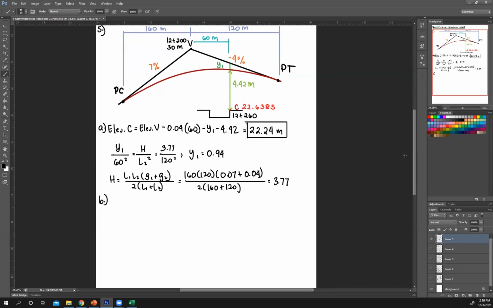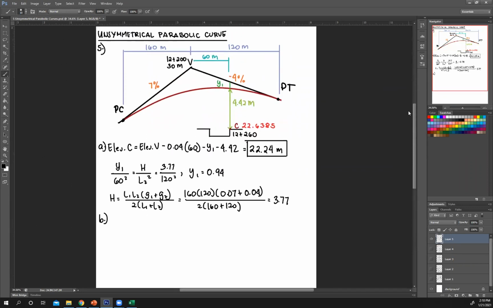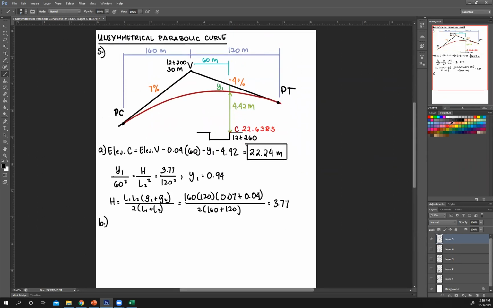Let's start. My goal now is to get Y sub 2. So Y sub 2 is just this. But considering now we have a given elevation of this. Okay, so that's just Y sub 2.